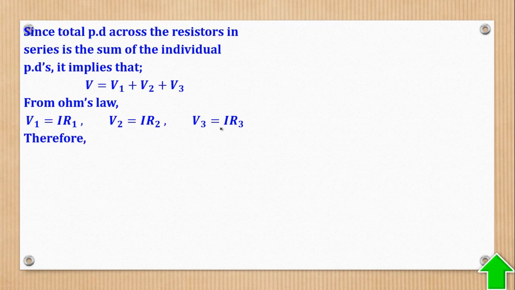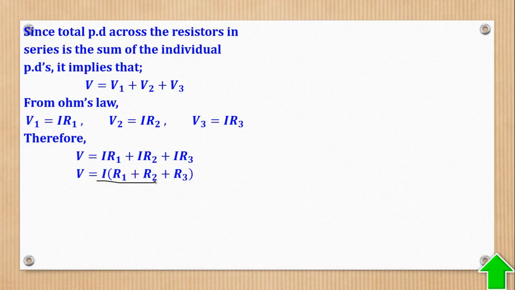So when I substitute, I'll come up with V equal to IR1 plus IR2 plus IR3. Therefore, when I factorize out I, I'll come up with this expression. Then I take I to this side, it will become V over I.